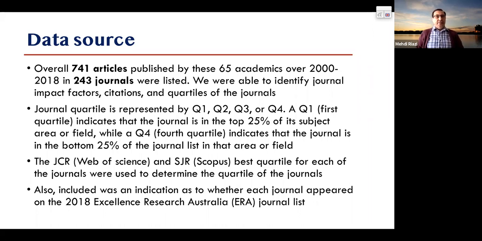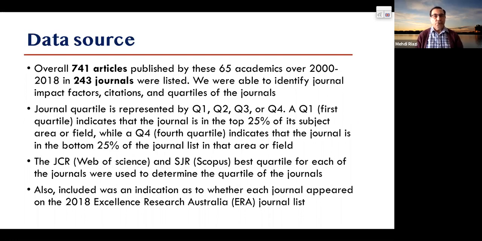Overall, as you can see, 741 articles were found to have been published by these 65 academics over 2000 to 2018 in 243 journals. And we were able to identify journal impact factors, citations, and quartiles of these journals.